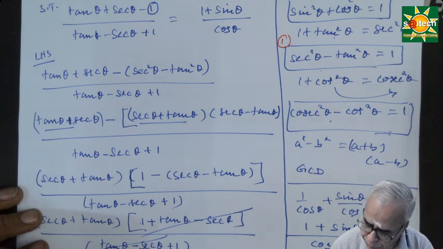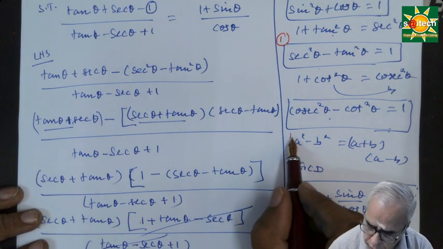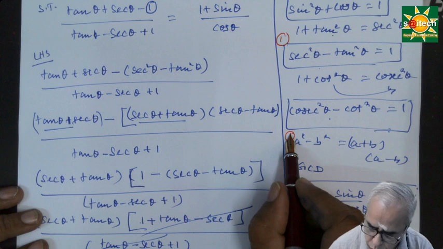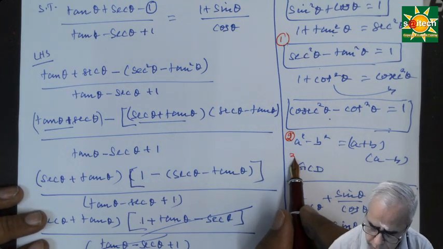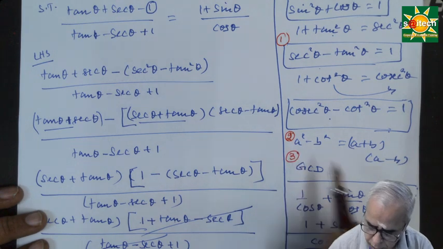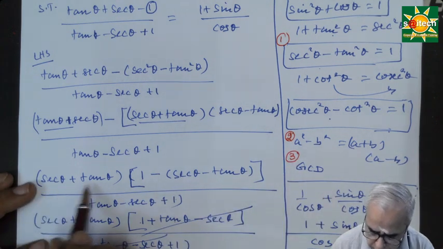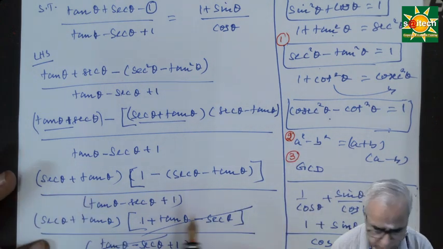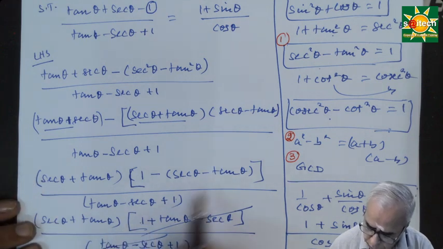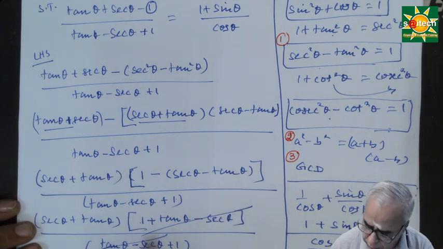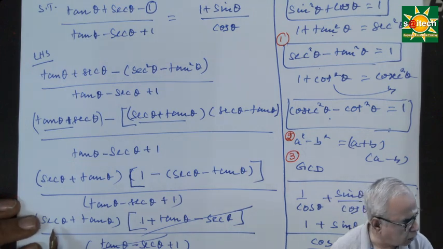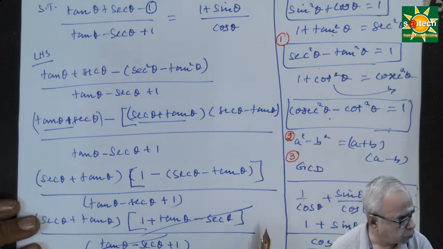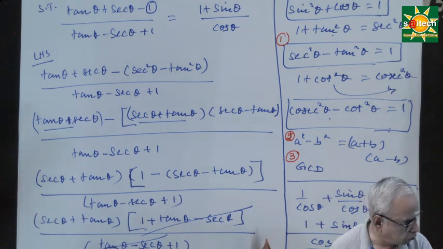Second, we have used this a squared minus b squared formula. Third, we have applied GCD, and thereby we have taken secant theta plus tan theta outside the bracket. And fourth, we have struck out. Then we know already that secant theta is nothing but 1 by cos theta, and tan theta is sin theta by cos theta. You can follow this. Do you understand? Can you do it now? Right.